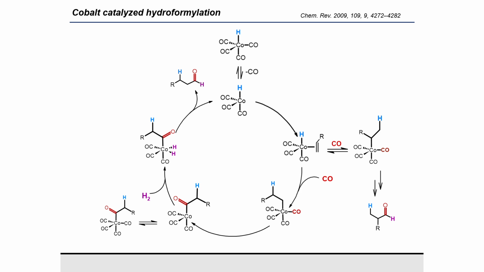Then this undergoes oxidative addition, forming this octahedral complex, but also due to high pressure, this cobalt catalyst can coordinate to another CO ligand instead. Then after reductive elimination, the aldehyde is delivered, but also following a parallel pathway, depending on how the hydride transfer is done, it can also lead to the branched product.